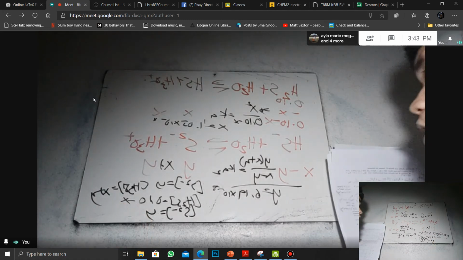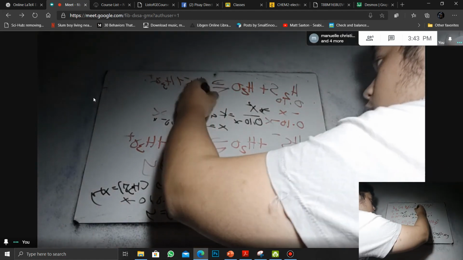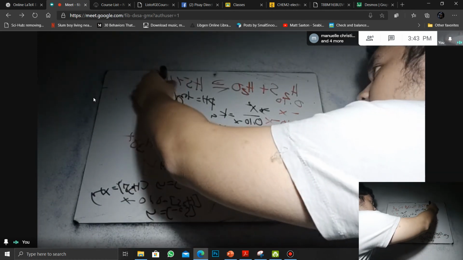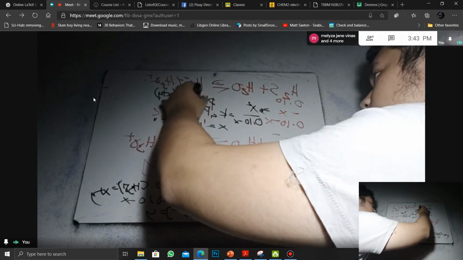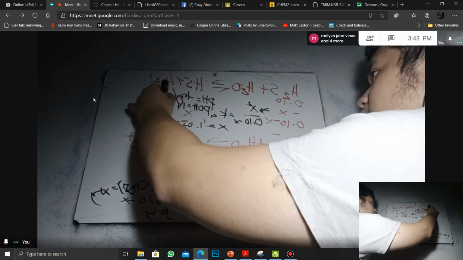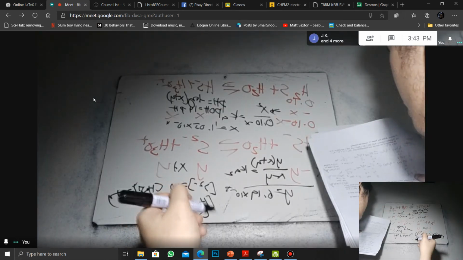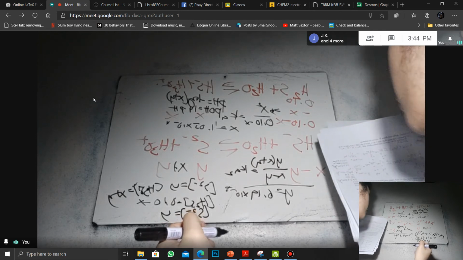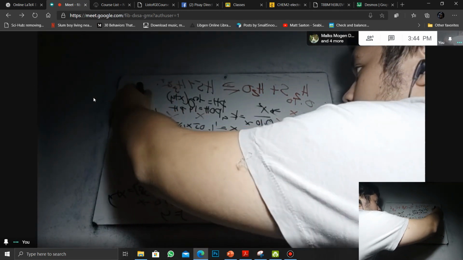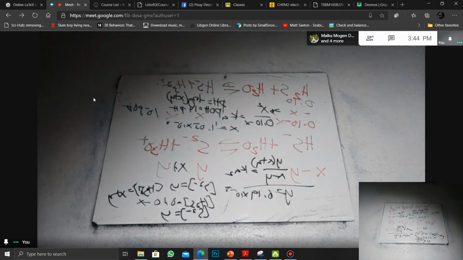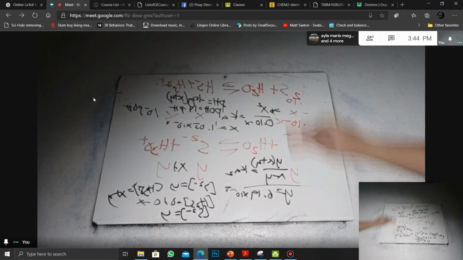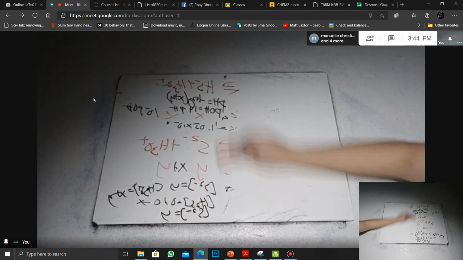Next, pH equals negative log H3O, which is x plus y, POH equals 14 minus pH, di ba? Tapos, OH minus is 10 raised to negative POH, no? Just calculate all of that, and that's the answer. Bale, ito dapat yung makuha nyo sagot, no? Lista ko lang, just in case na you want to know.